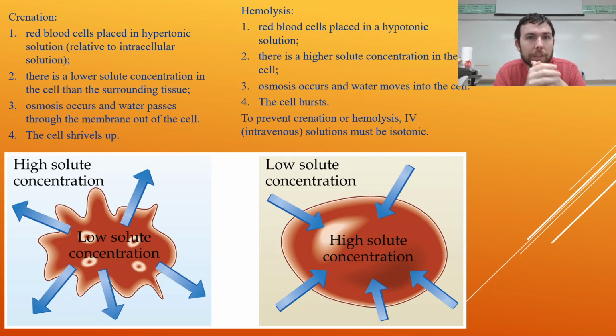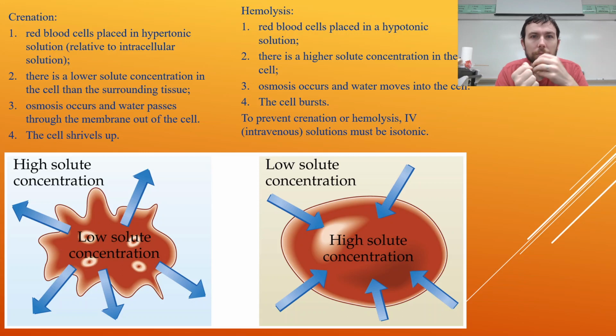Now, the other side of this is hemolysis, which is where the red blood cell is placed in a hypotonic solution. So that means that the red blood cell has a higher concentration of the solute, of whatever solutes are in the red blood cells. And so what's going to happen is osmosis takes place, osmotic pressure kicks in, and the solvent moves from the low solute concentration surrounding the red blood cell into the red blood cell.